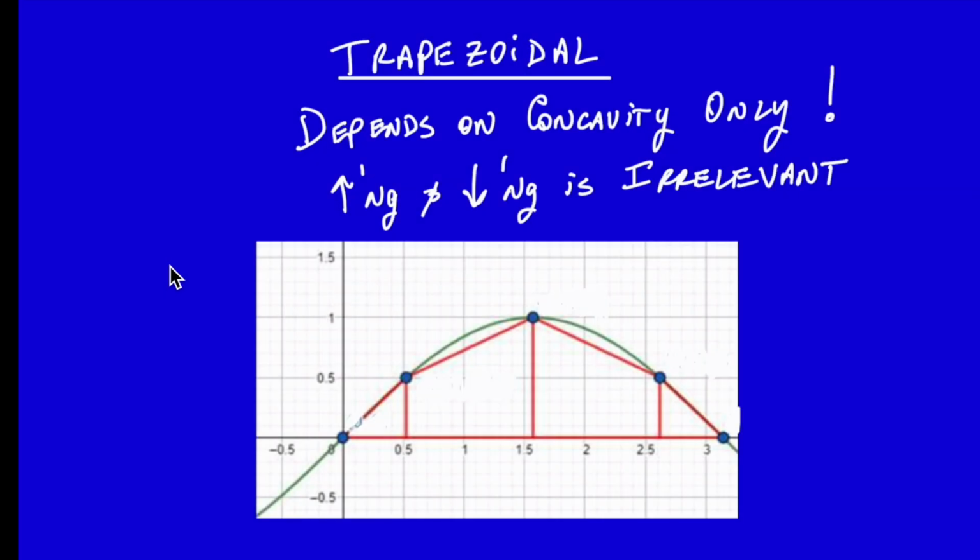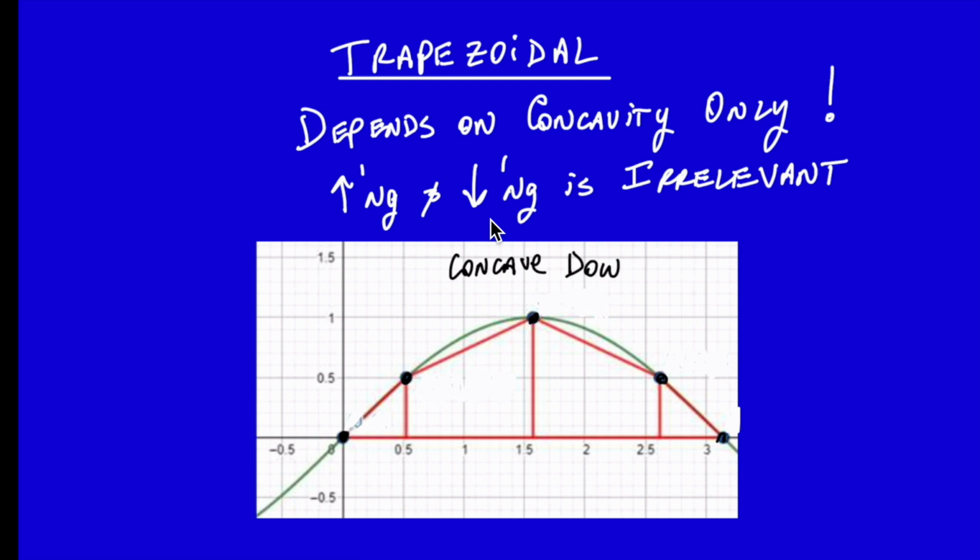Let's talk about trapezoidal functions. Recall with a trapezoidal function, the f of values are represented on all of the points, and then you simply connect them. With trapezoidal estimates, it is the concavity that matters only. Increasing or decreasing is irrelevant. So here we have a concave down graph.